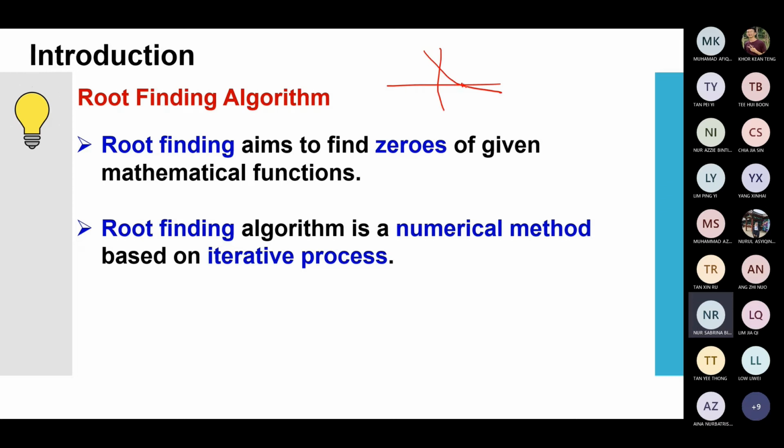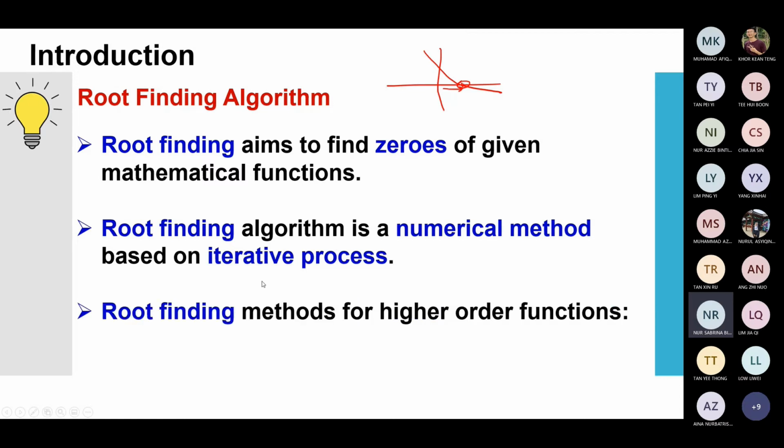Once you make the initial guess, you approximate, and with every iteration the root comes closer to the point where the line cuts through. That's why the root finding algorithm is a numerical approach that relies on an iterative process.